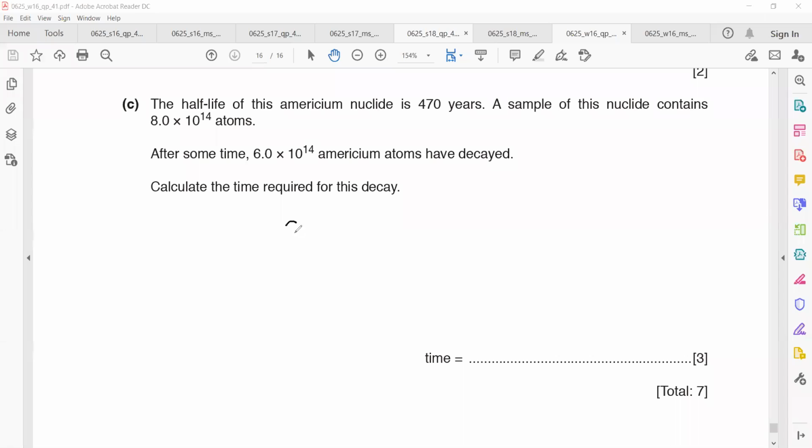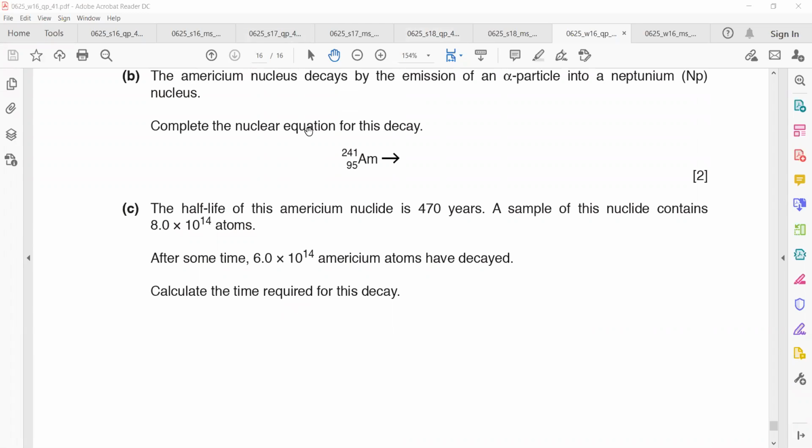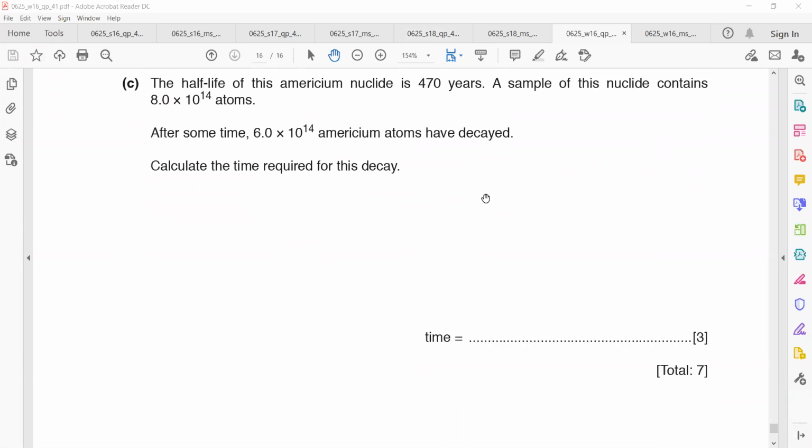Look, in the beginning, we have 8 into 10 power 14 americium atoms. The americium atom, as we know, when it emits radiation, changes into neptunium.